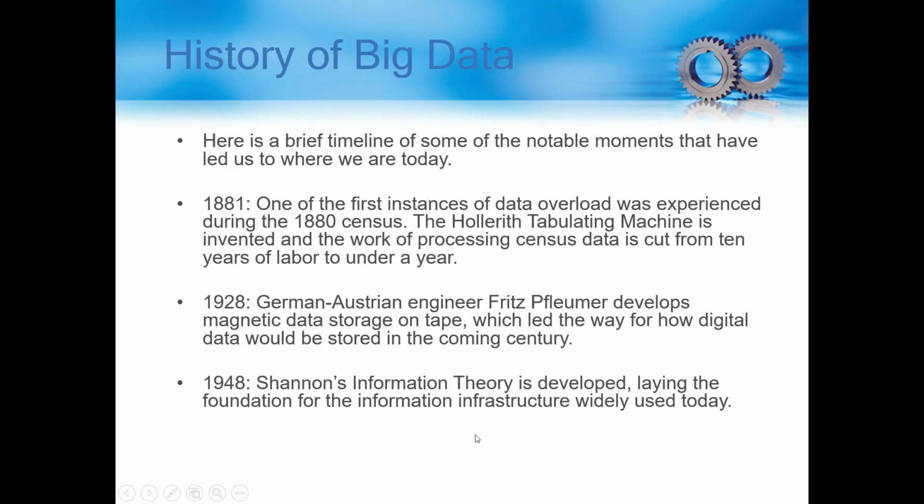So this is the first time that big data comes into the picture. And in 1928, German Austrian engineer Fritz Pfleumer developed magnetic data storage on tape, which led the way for how digital data would be stored in the coming century. And like that, this evolved.